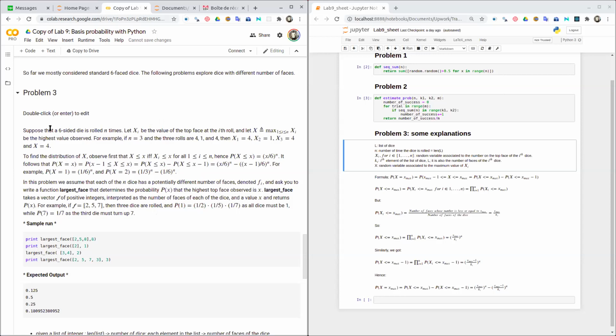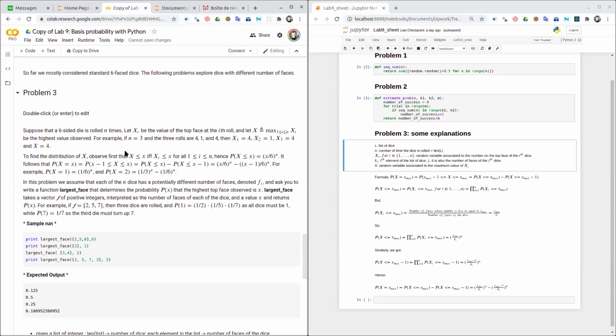So they take a dice and they roll it n times, each dice, and they see the number on the top face, and they record it in a variable. For the first dice, x1, the second x2, the third x3, and then x is the maximum value of the 3 numbers which appear.